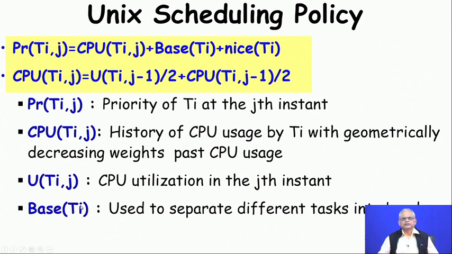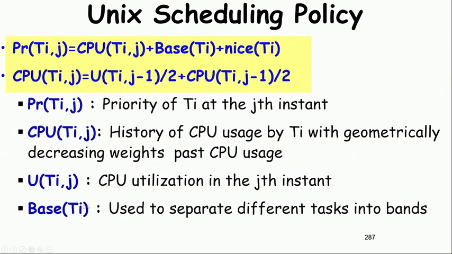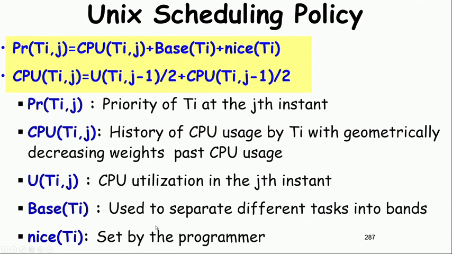Base Tij is a value used by the operating system to separate different tasks into priority bands, and nice Tij is set by the programmer. As indicated by the name nice, a programmer can only reduce the priority of his task, and cannot really increase the priority.